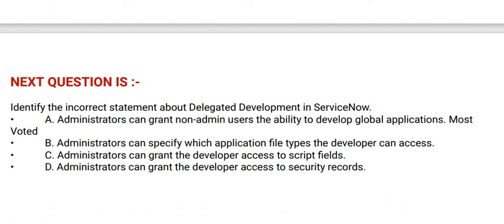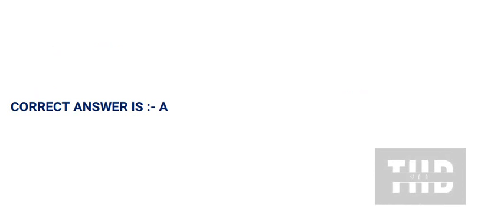Option C, administrators can grant the developer access to script fields. And option D, administrators can grant the developer access to security records. And the correct answer is option A.